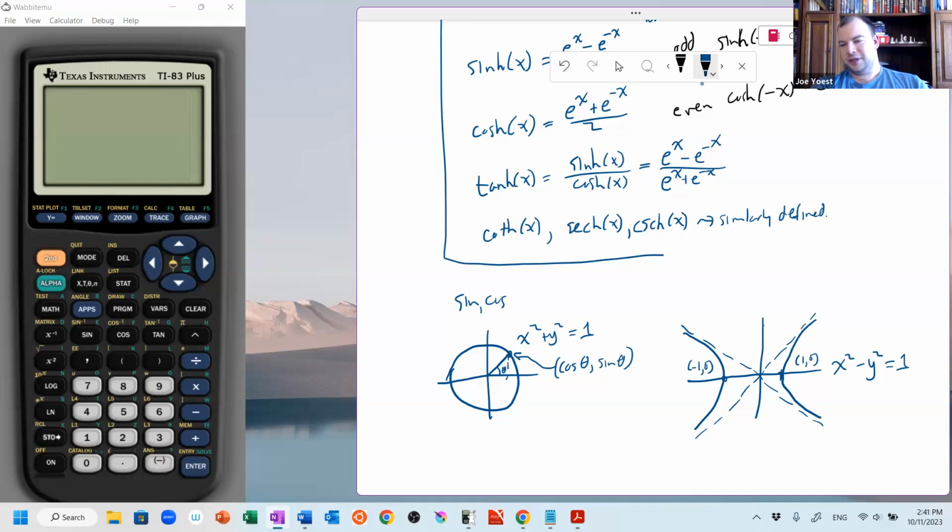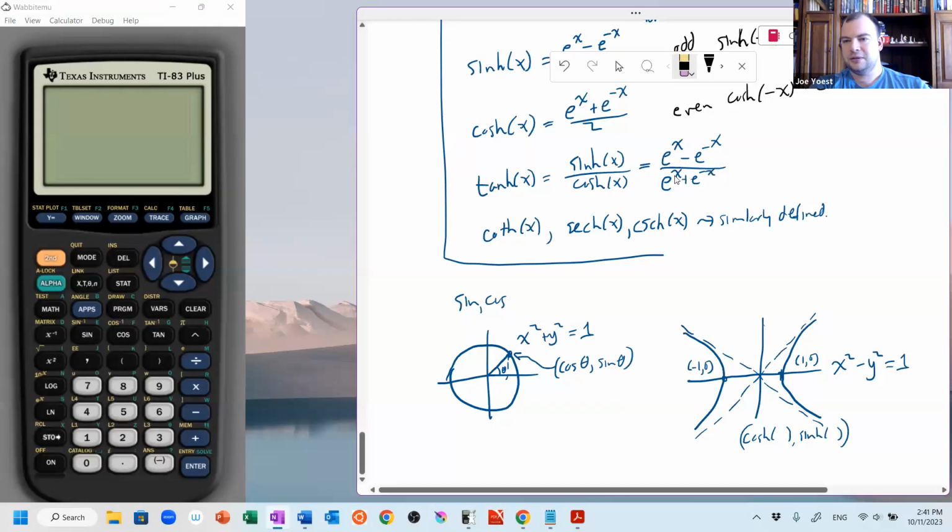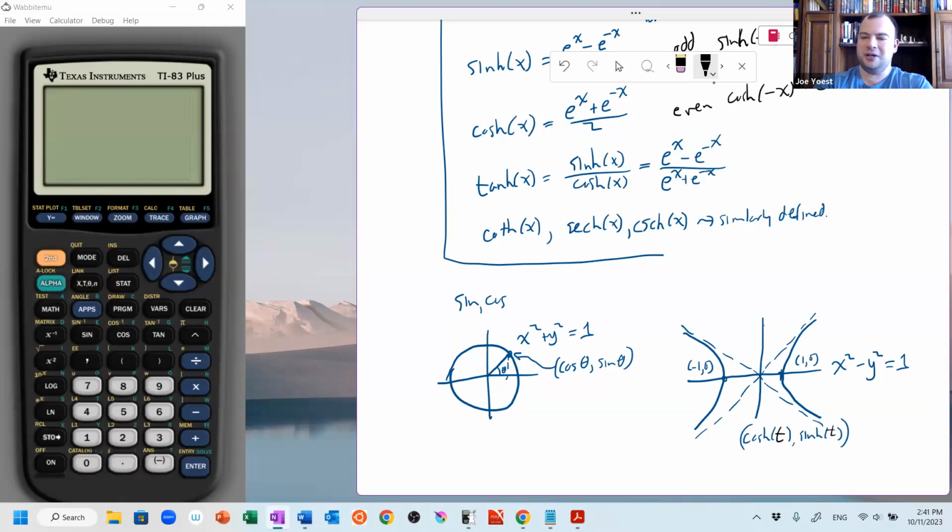So a point on this curve is cosh of x comma sinh of x for some kind of understanding of x. I shouldn't call it x. I was just using an arbitrary input there, but I've already used x. I should use something like t. But this point on here is related to the idea of hyperbolic cosine comma hyperbolic sine.